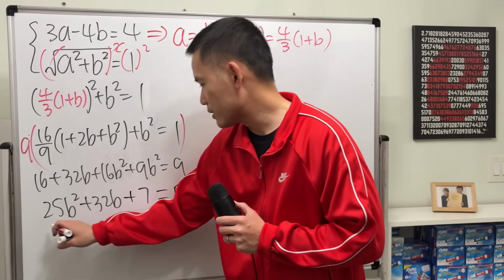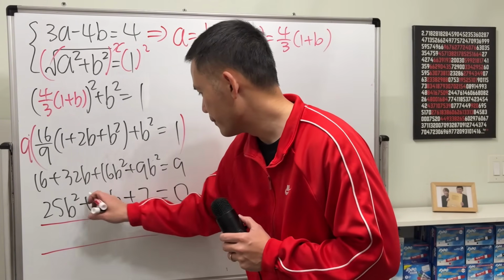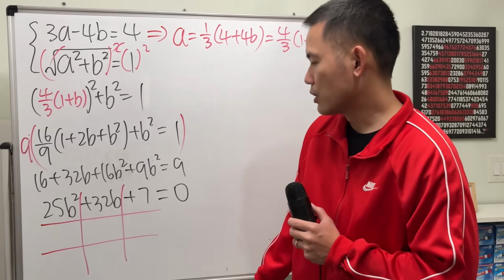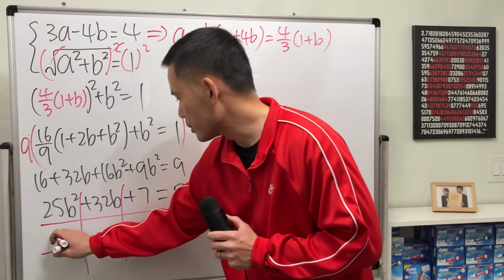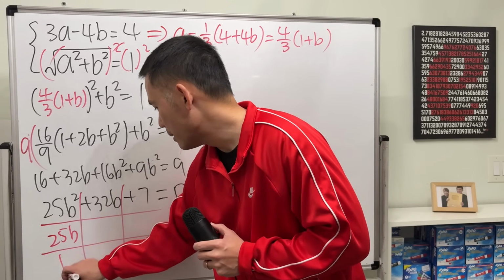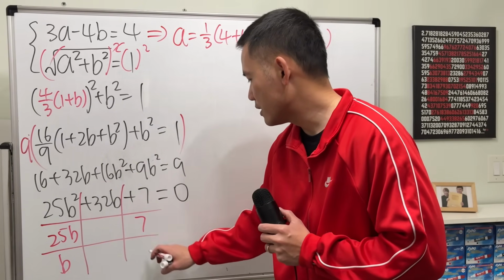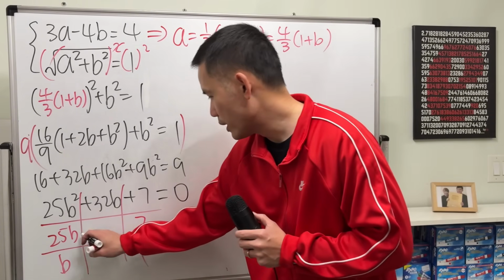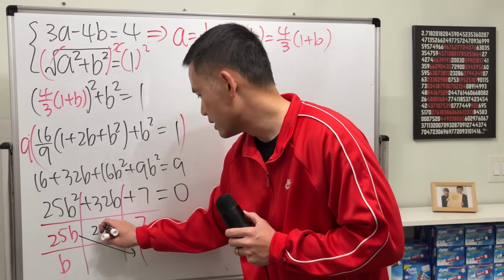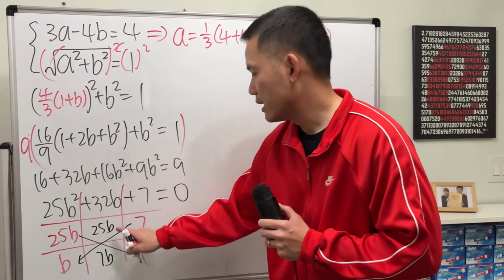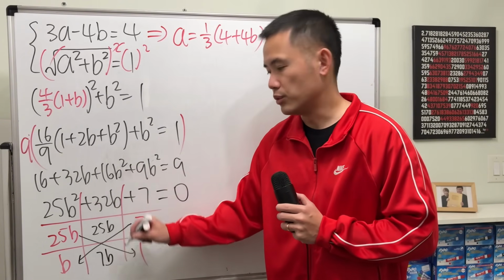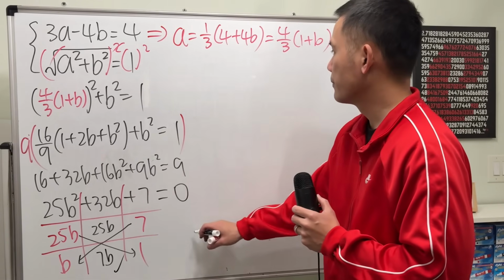And now I'm going to factor it with the tic-tac-toe method. So I need 25 plus 7 to give us 32. So I'm going to do 25b and b. I'm going to put a 7 here and then 1 here, because this way, this times this gives us 25b, this times this gives us 7b. Together, we do end up with 32b, so this combination checks.